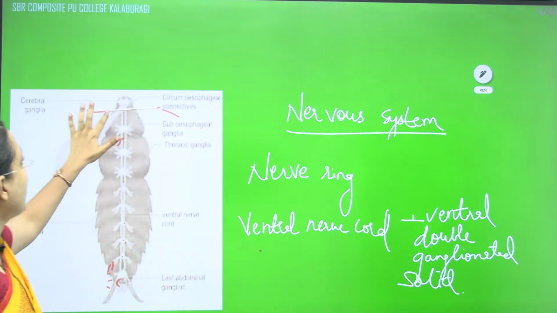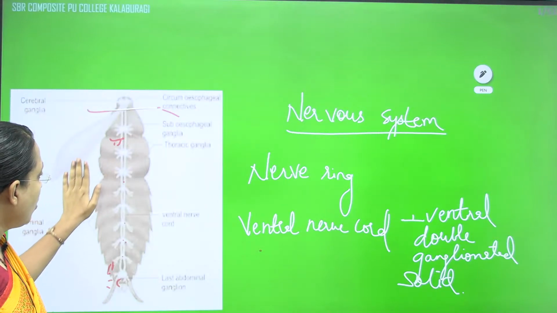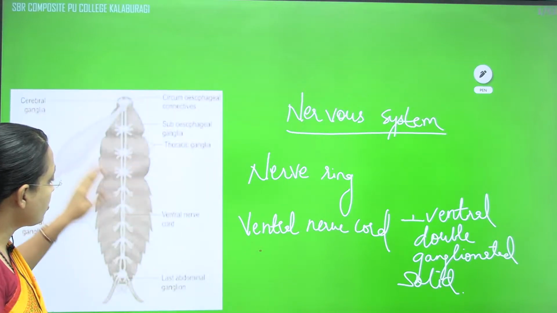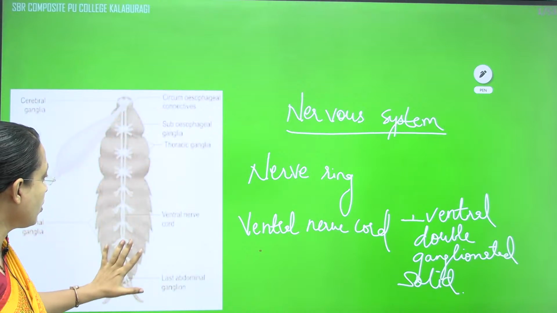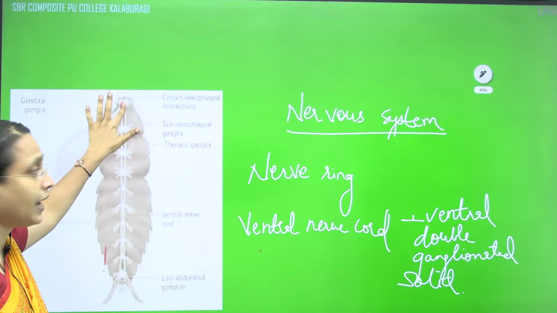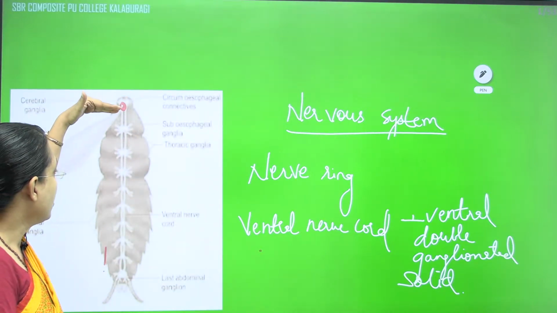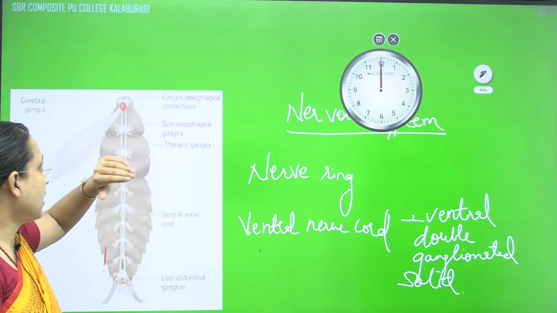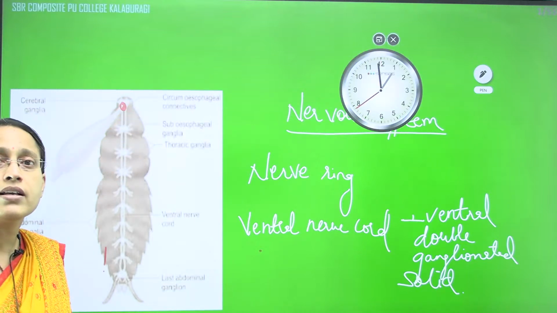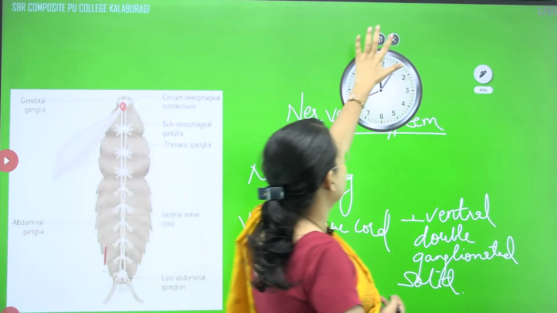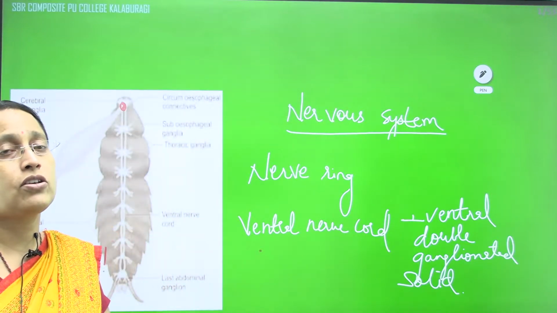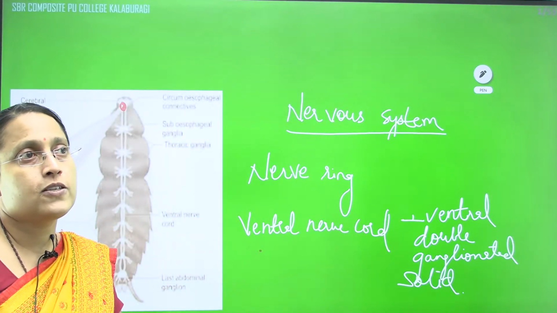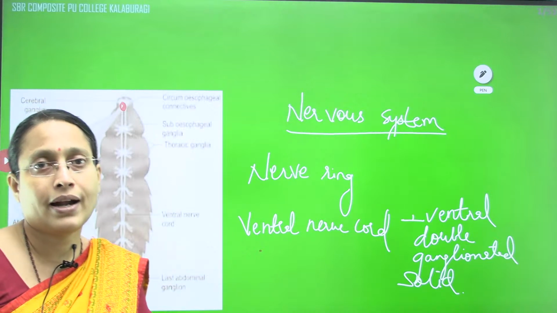Understand? Whereas if all the control were lying in the brain, then if the cockroach head were cut off, it could not have survived. Because of this decentralization, the cockroach survives even after beheading.